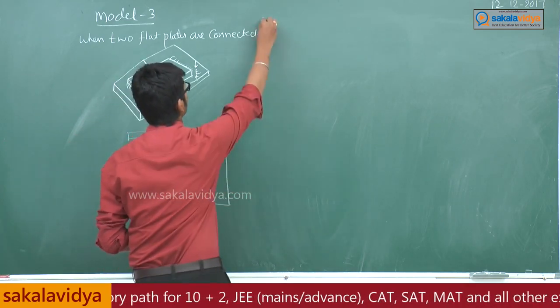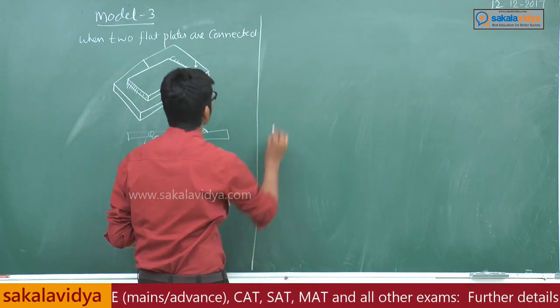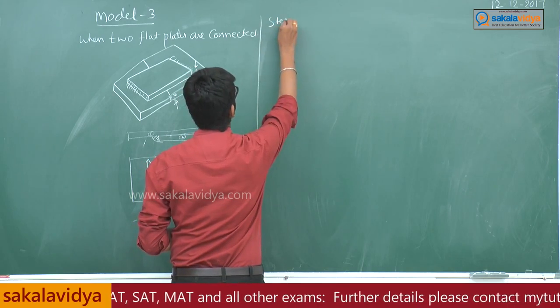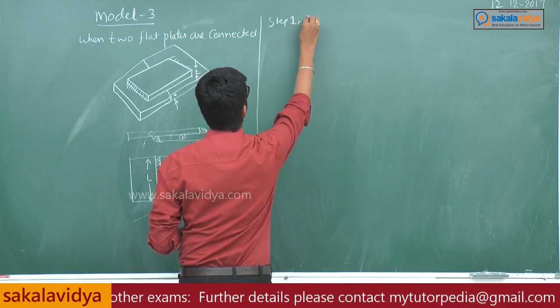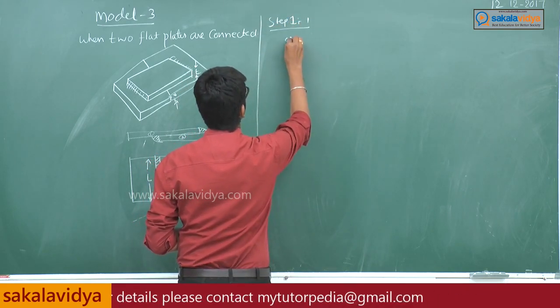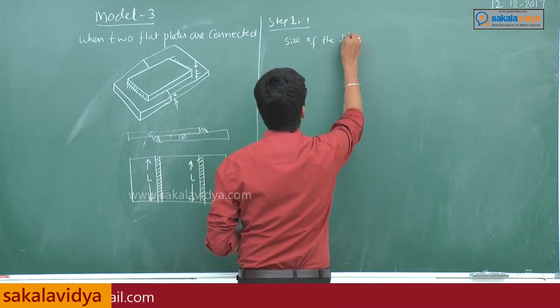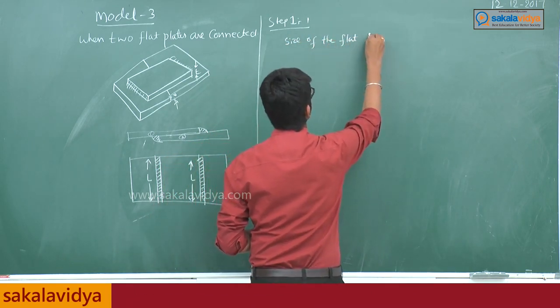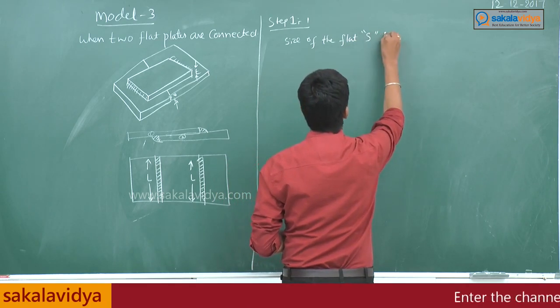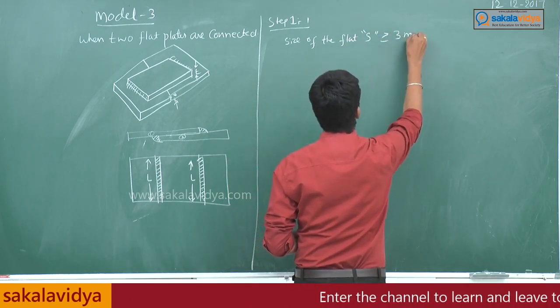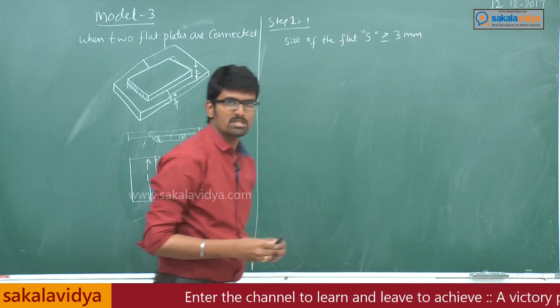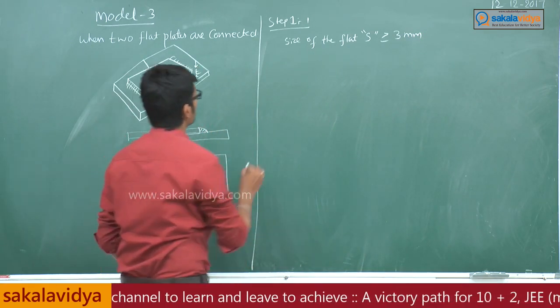As you know, the first step, step 1: size of the plate or flank must be greater than or equal to 3 mm.